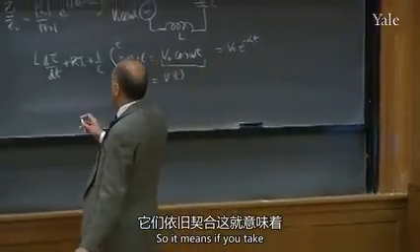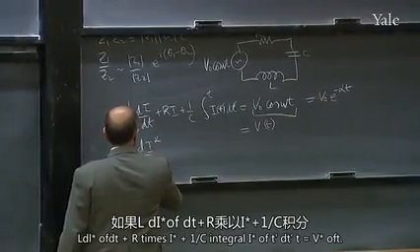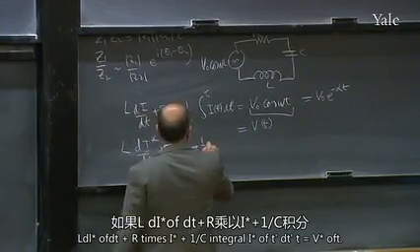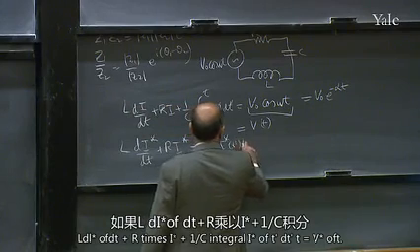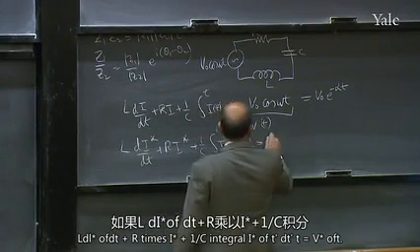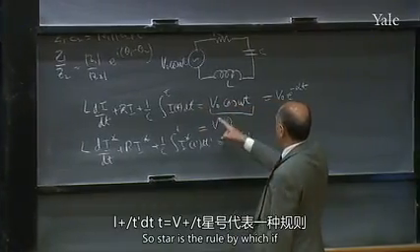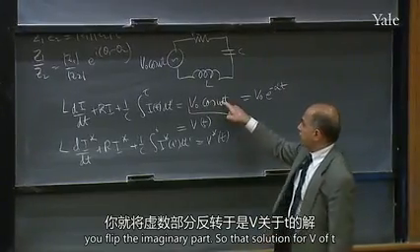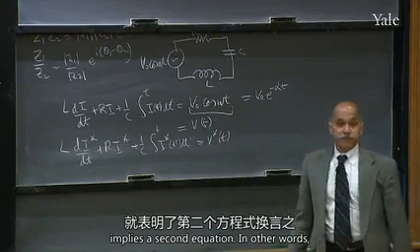So it means if you take L di star/dt plus R times I star plus 1 over C integral I star of t prime dt prime up to t equal to V star of t. So star is the rule by which if V had real and imaginary parts, you flip the imaginary part. So that solution for V of t implies a second equation.